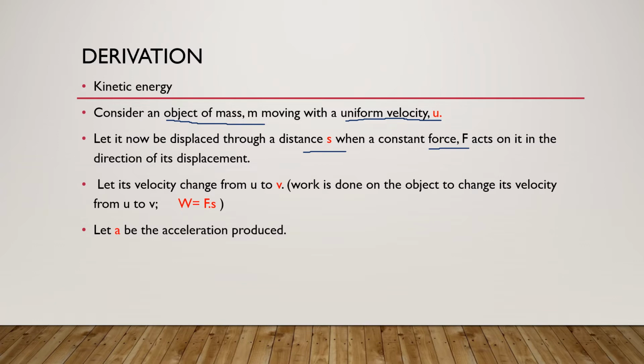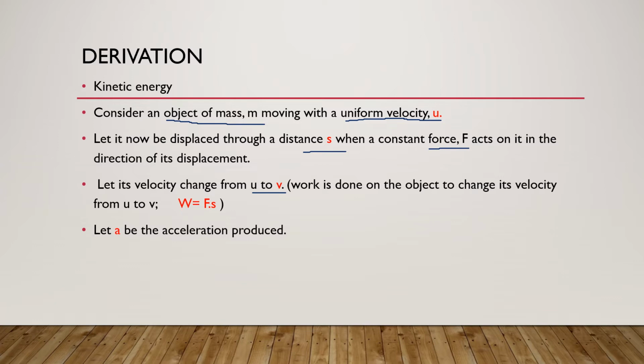Now we are applying a constant force F and the body has moved a distance of s in the direction of application of force. Now it was moving with u, now we are applying a force, and now the object is moving with another velocity. That new velocity is known as v. So the velocity changed from u to v.